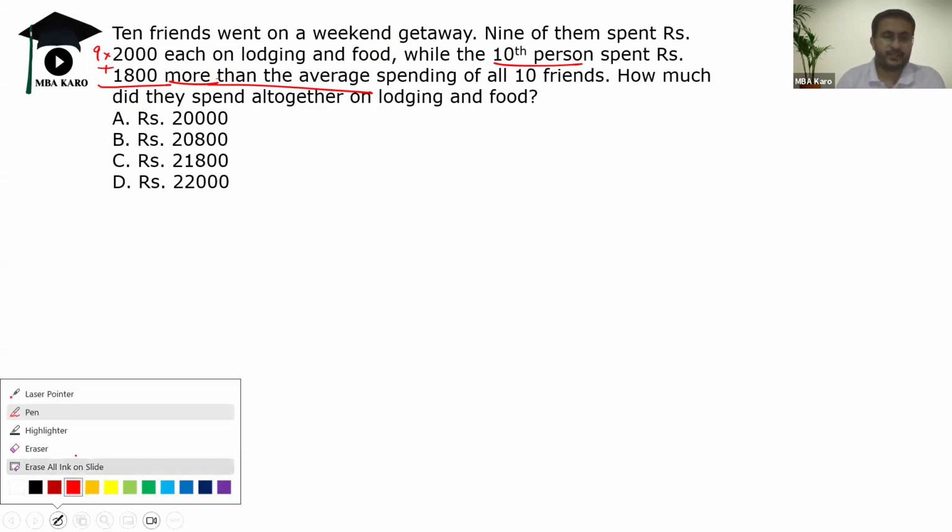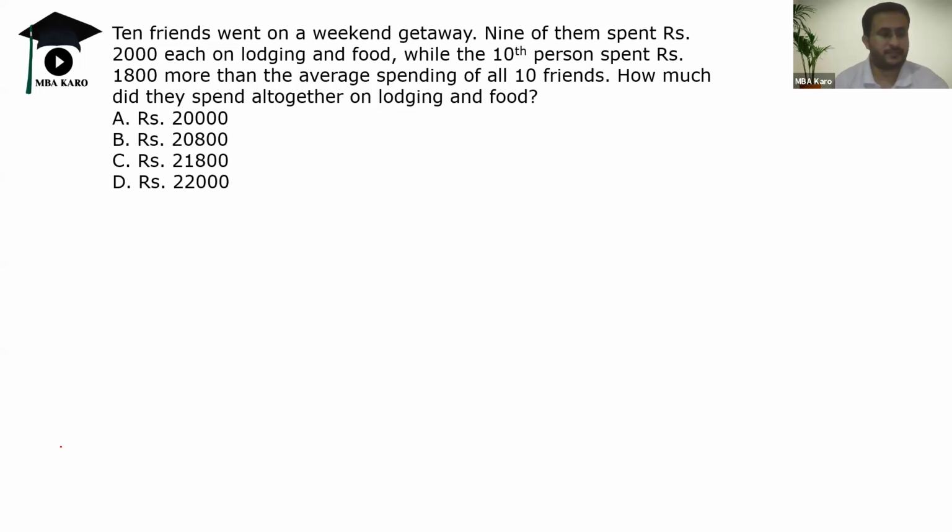Let us do it in the conventional approach, and we will think of the change in average method also. So let's see the conventional approach. So we have 2000 each and 1800 more than the average spend. So what is the average spending? Let us say average spending is equal to A rupees.